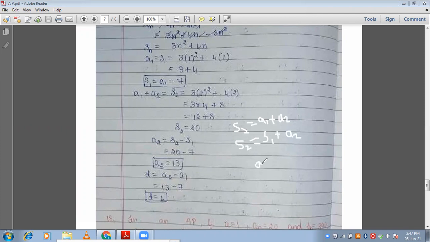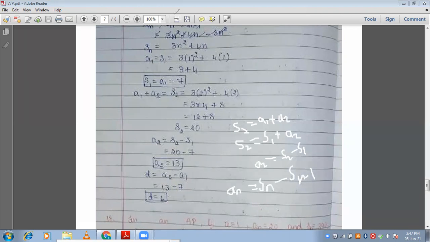A2 is equal to S2 minus S1. The general formula is AN is equal to Sn minus S(n minus 1). So for A2, in place of n, if you take 2, A2 is equal to S2 minus S(2 minus 1), which is S1.